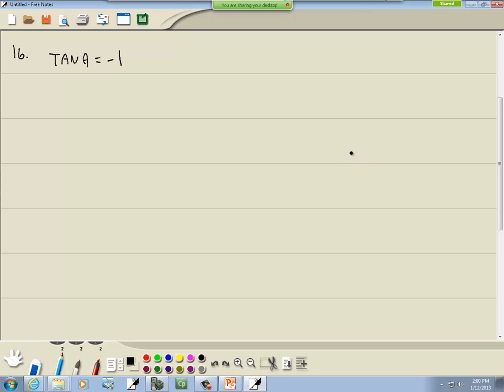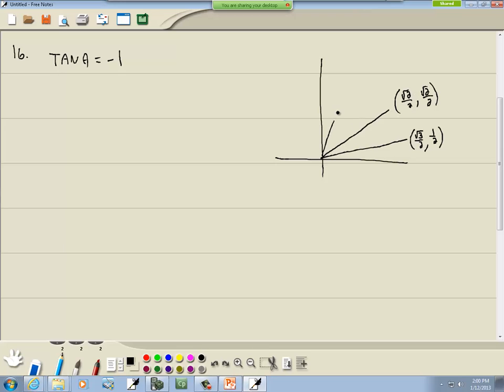Well, let's look on our first quadrant here, on our inner circle. This point here is square root of 3 over 2 and 1/2. This point here is square root of 2 over 2 and square root of 2 over 2. And this point here is 1/2 and square root of 3 over 2.